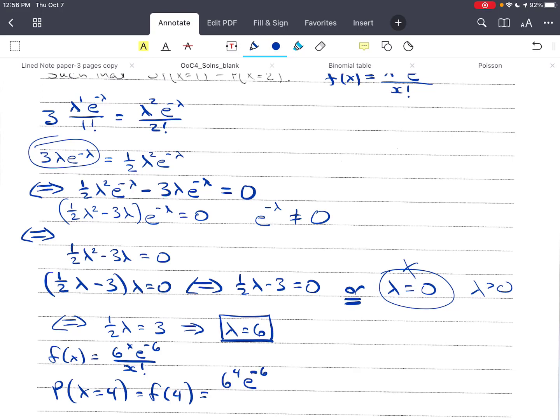This is going to be 6 to the 4th is 1296 over 4 factorial is 24, which is 54, e to the negative 6.